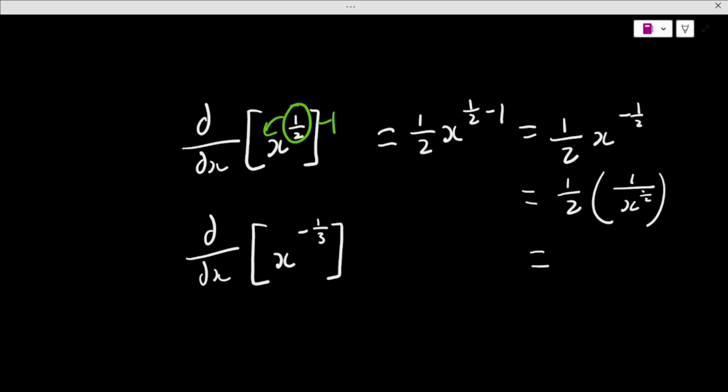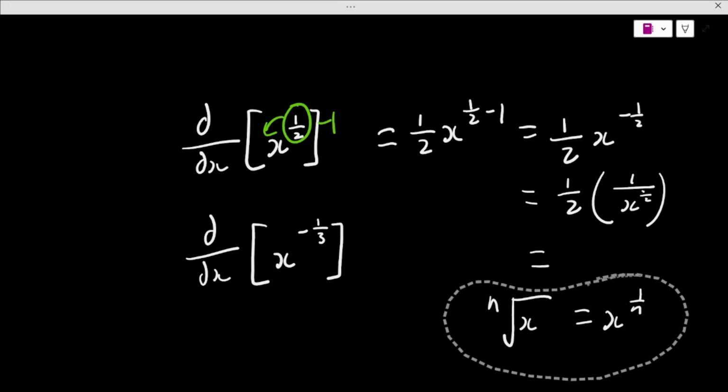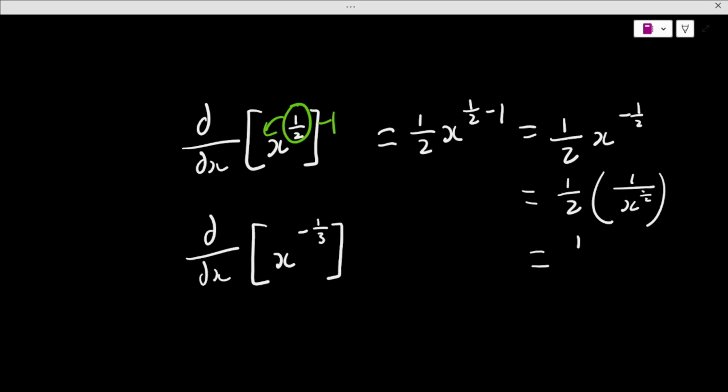And x to the half is actually equal to the square root of x, because the nth root of x is equal to x to the 1 over n power. So we can rewrite this whole thing as 1 over 2 square root x.